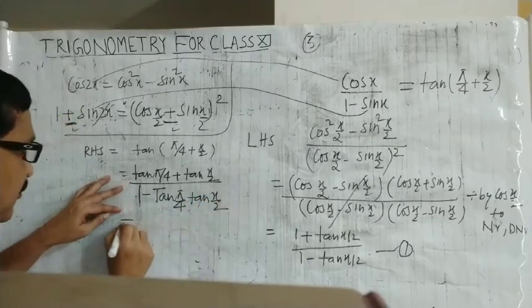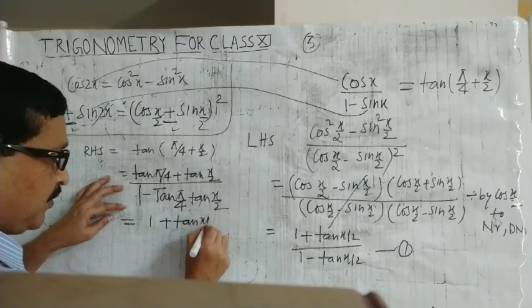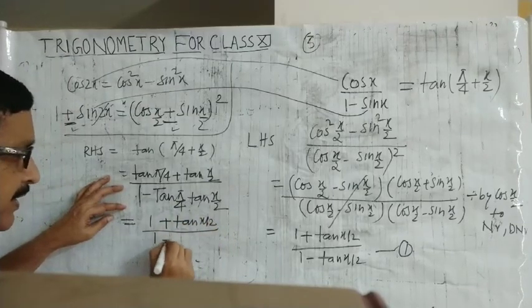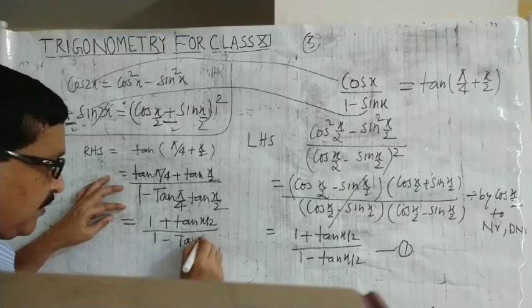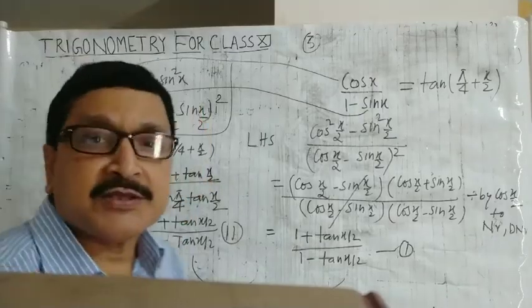Now you know the value of tan pi by 4 is 1, so we get 1 plus tan x by 2 over 1 minus tan x by 2. So this is your second. Just see, students, the LHS is equal to RHS.